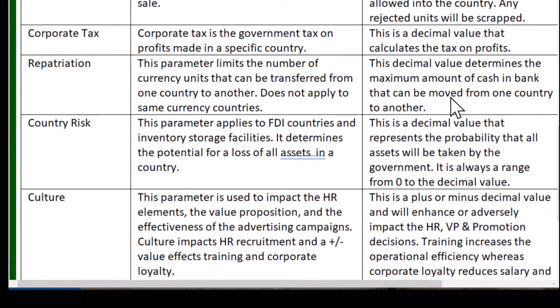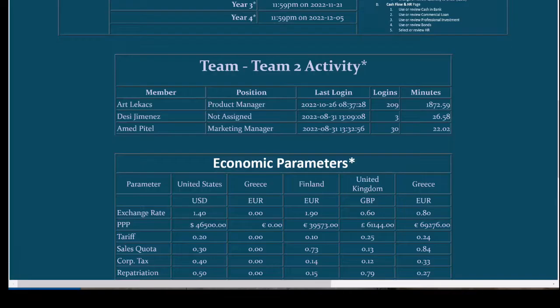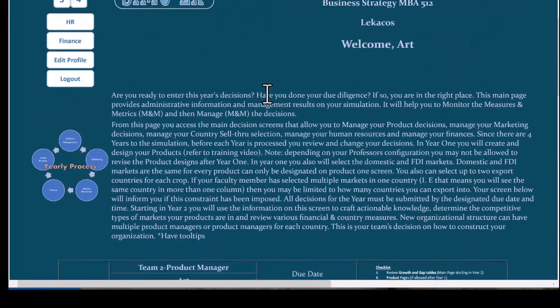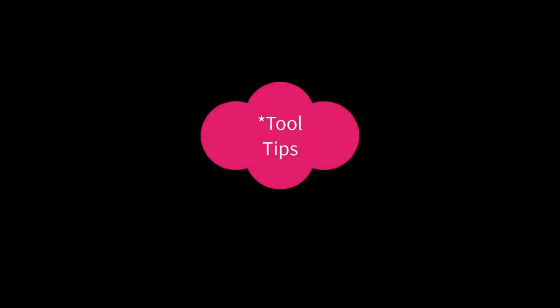When it comes to culture, it states that culture will impact HR recruitment and affect the loyalty aspects of it. Anywhere you notice an asterisk, a tooltip exists that will refresh your memory on the various features and capabilities of the simulation.